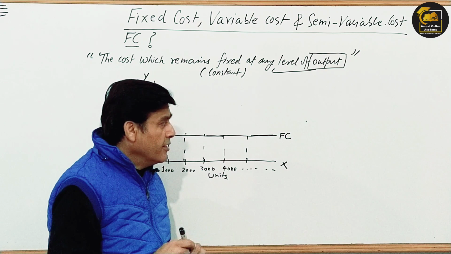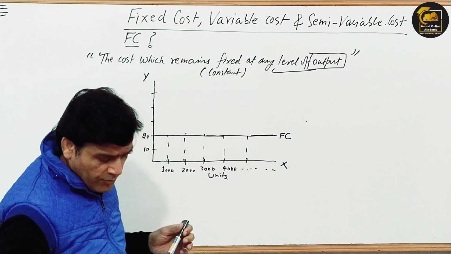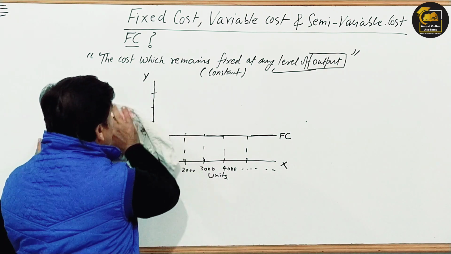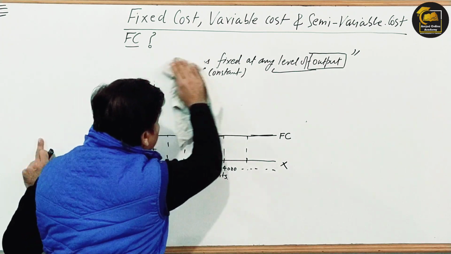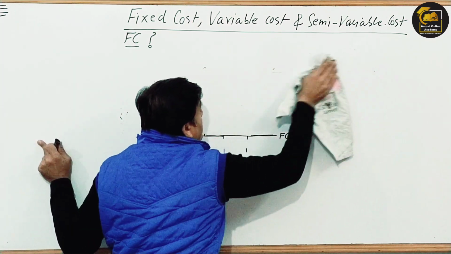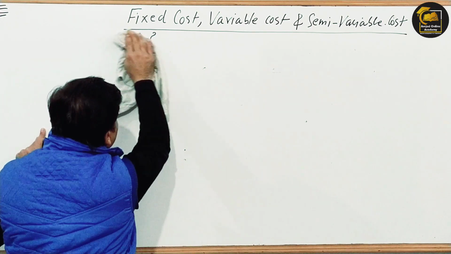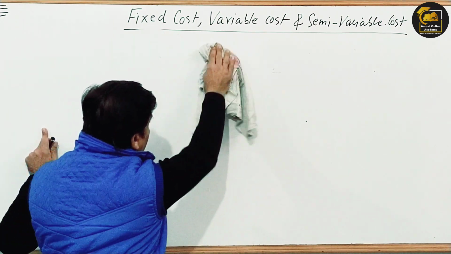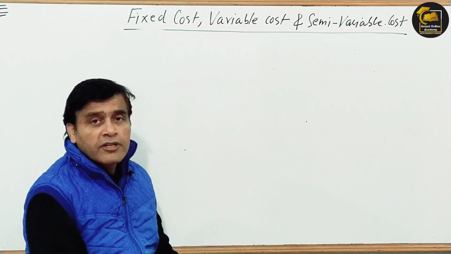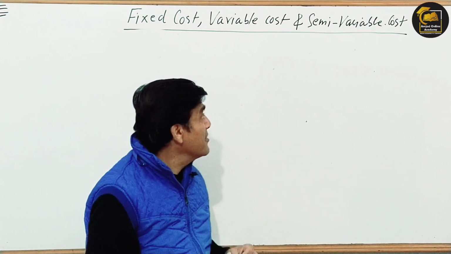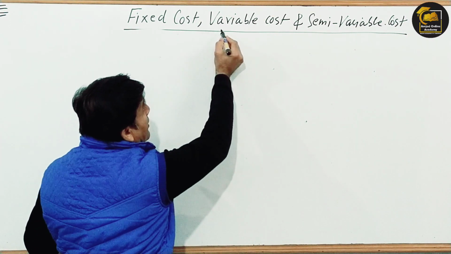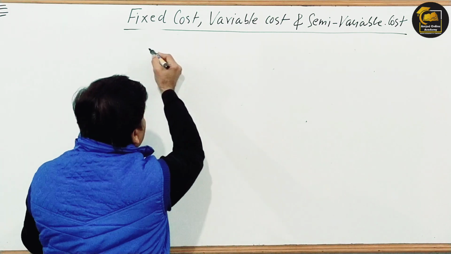And another classification we are going to discuss now is VC. As I've told you, I will use short names, or you can say nicknames. Now I will define it. VC is what?